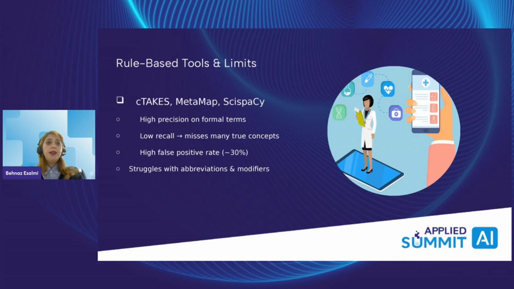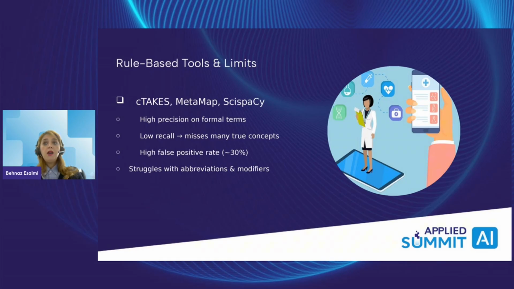They often miss valid concepts and they produce false positives, sometimes nearly 30%. For example, cTAKES may recognize nosebleed correctly as epistaxis, yet it tends to split severe chest pain into separate entities or misinterpret abbreviations. So they're accurate on the surface, but brittle when language gets messy.